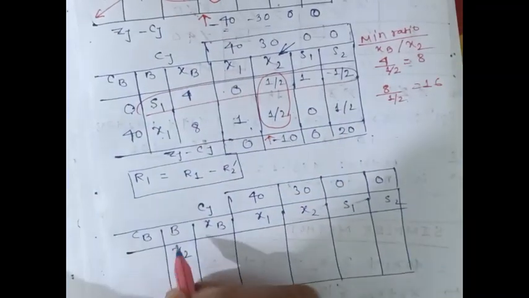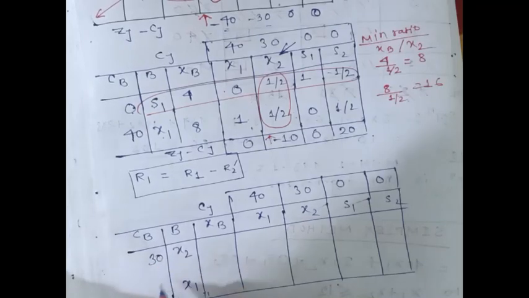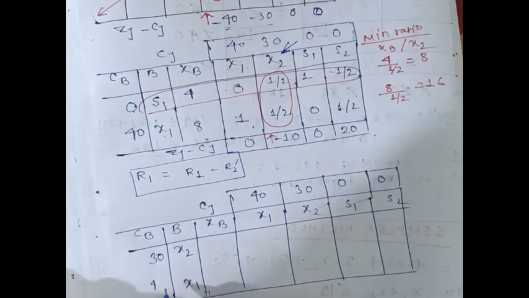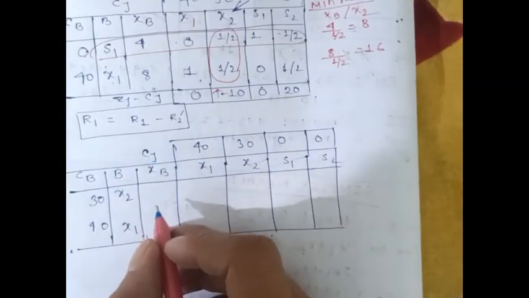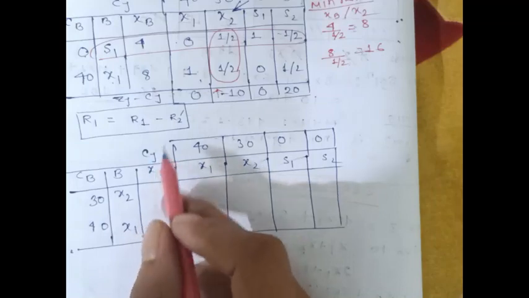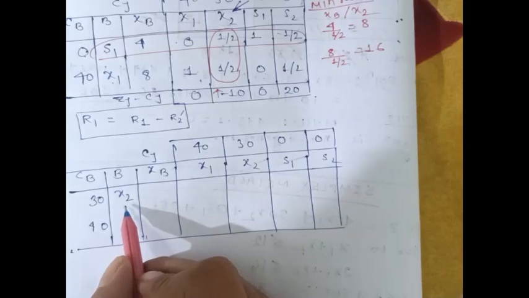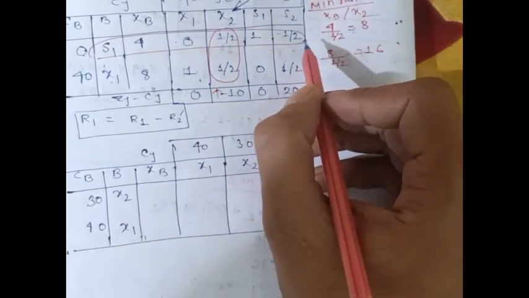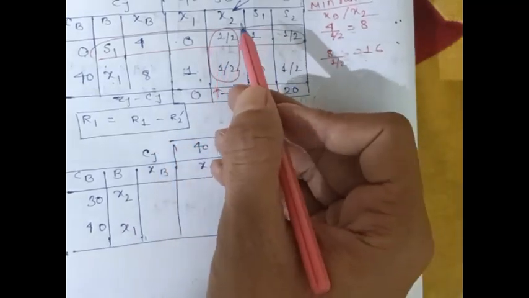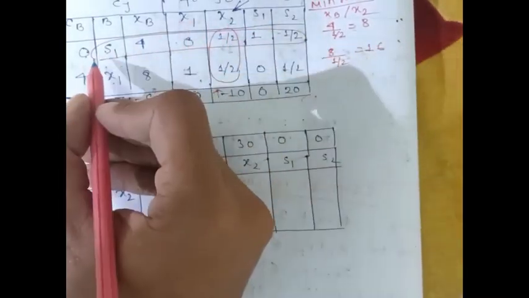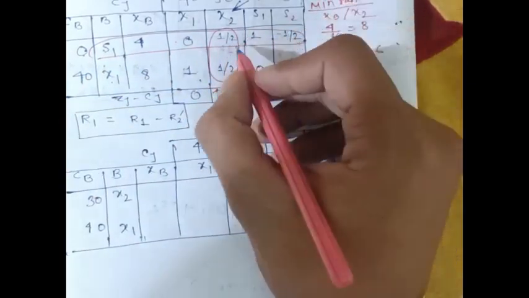So the values of these are, x2 is 30 and it is 40. And xb. Okay, so here s1 was 1 0. So hence in place of s1 we have written x2. So x2 will have to be 1 and 0, and it is half and half.